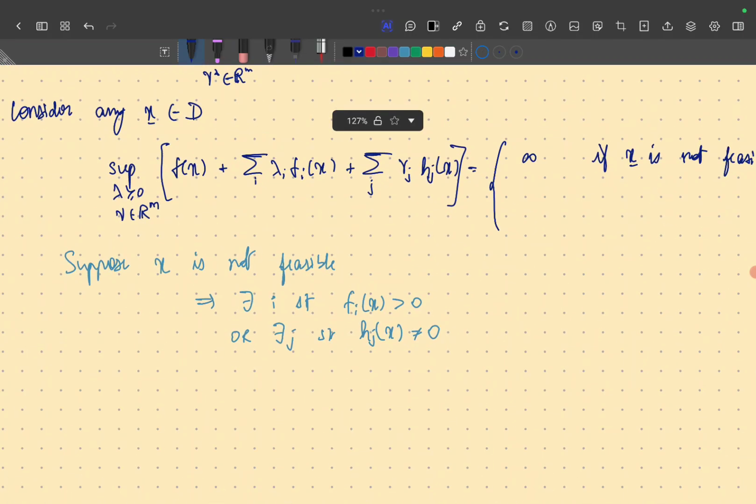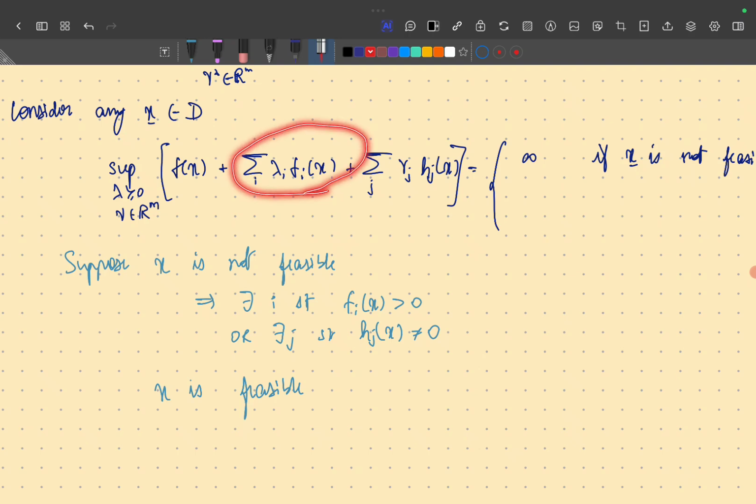Now if x is feasible, then we can get rid of this particular part, because if x is feasible, then hj of x is equal to 0 for all j, so this whole quantity is not present. Get rid of it.